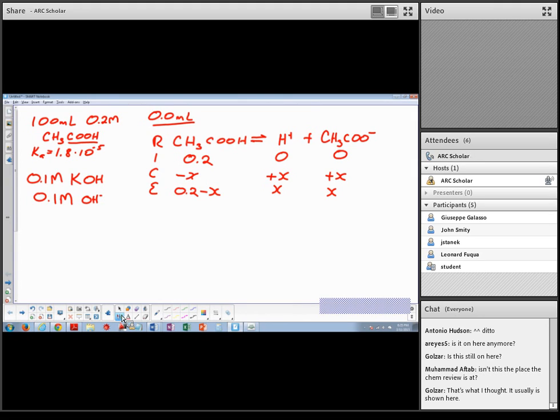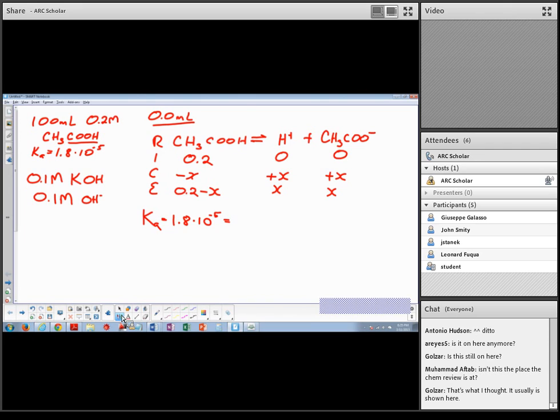How am I going to find out what the H plus concentration is? That's how I'm going to find pH, so I need to find my H plus. Use the Ka formula. Ka is 1.8 times 10 to the negative 5th.